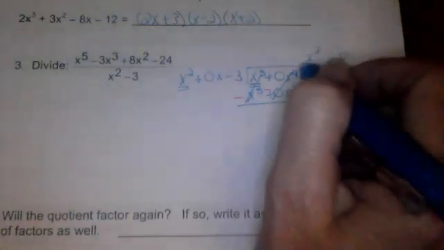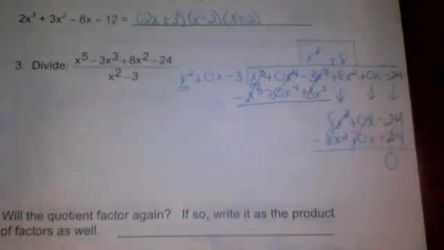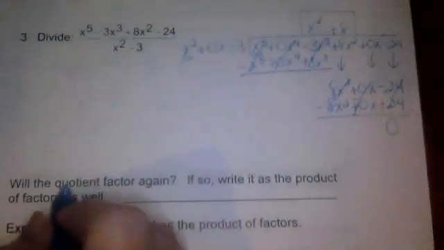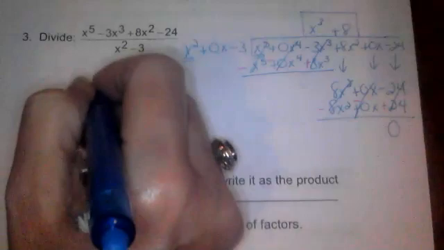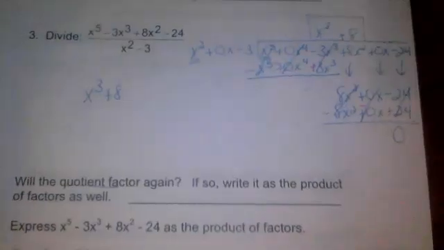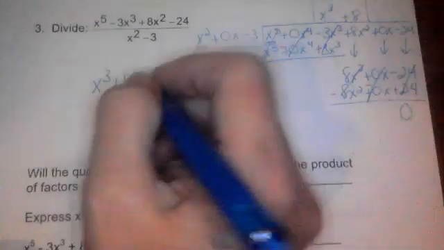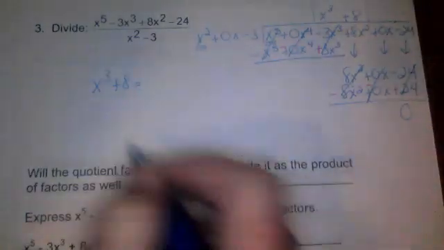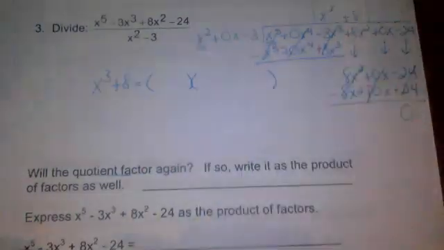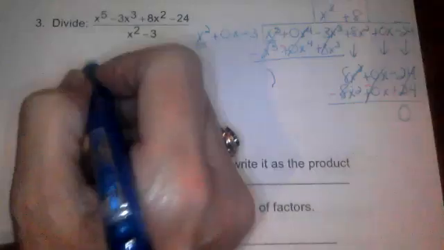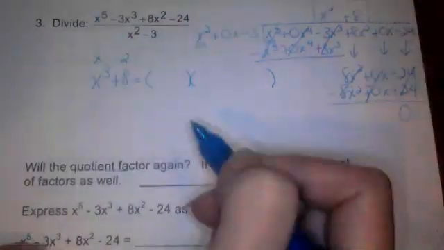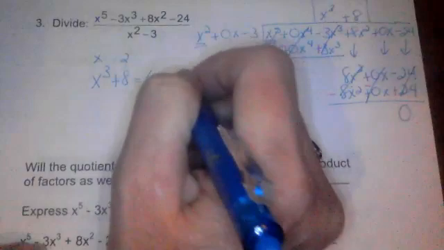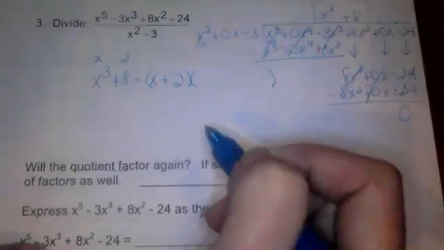So we got x cubed plus 8 as our quotient, and so it wants to know, will the quotient factor again? So x cubed plus 8. Well, that's what we just went over in this lesson. This should factor again. It's a sum of cubes. So we're going to use our little formula that we talked about in the first part of the lesson. This is x and 2. So we're going to put x and 2 with a plus in the middle.